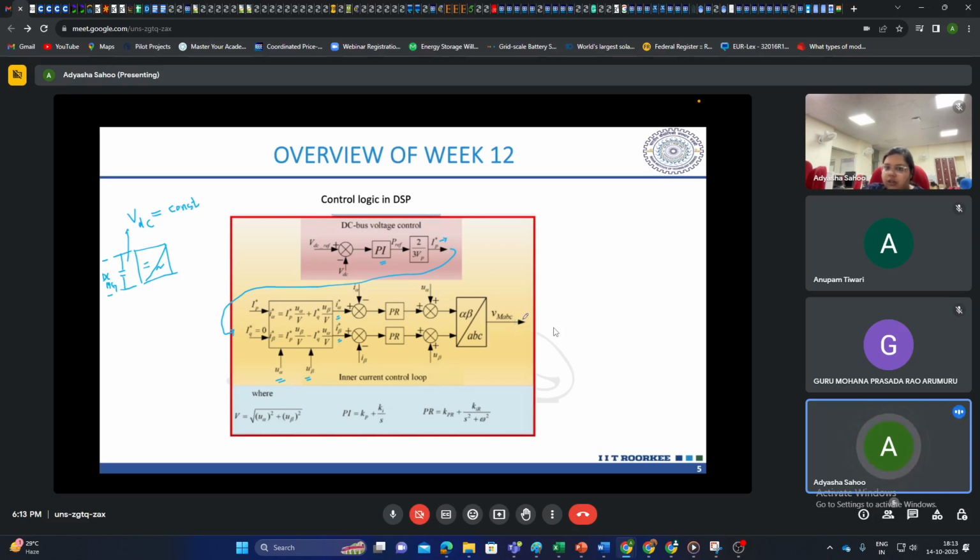After this, you will get the desired pulses, which will be fed to this inverter to maintain this DC voltage constant.